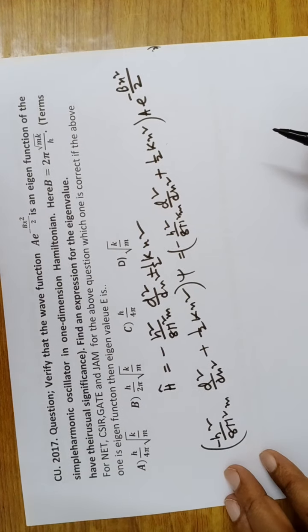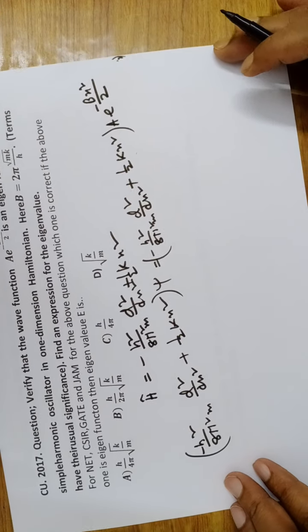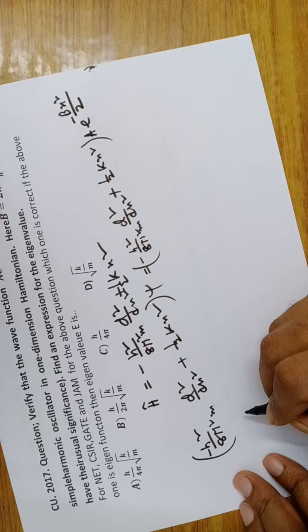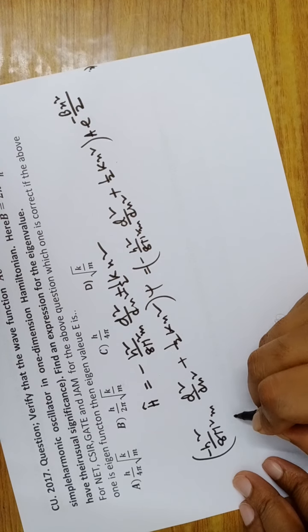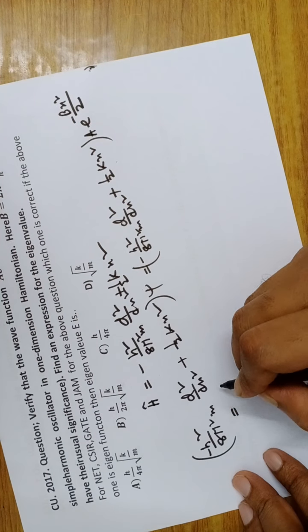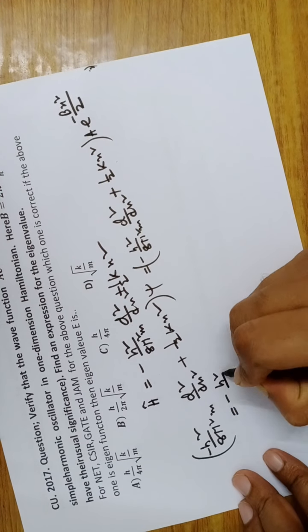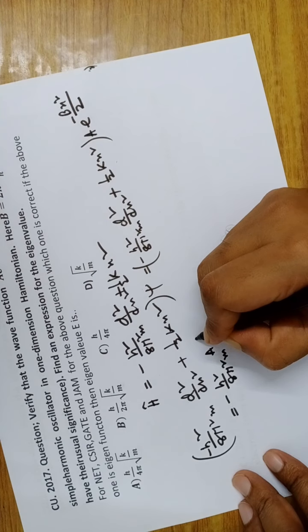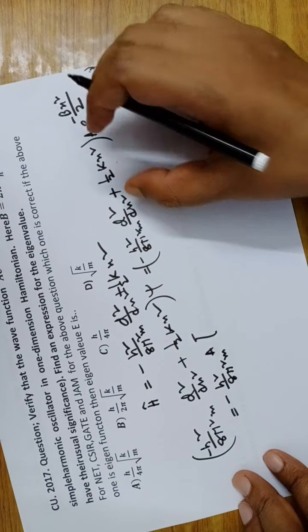Then we will do the derivation. Minus h square by 8 pi square m into A, what is the value?